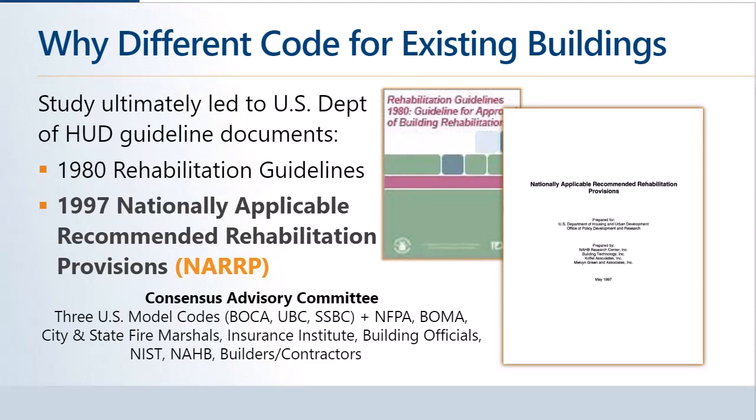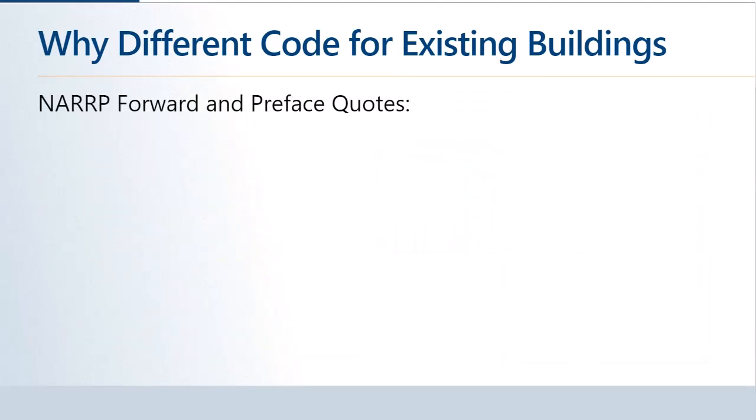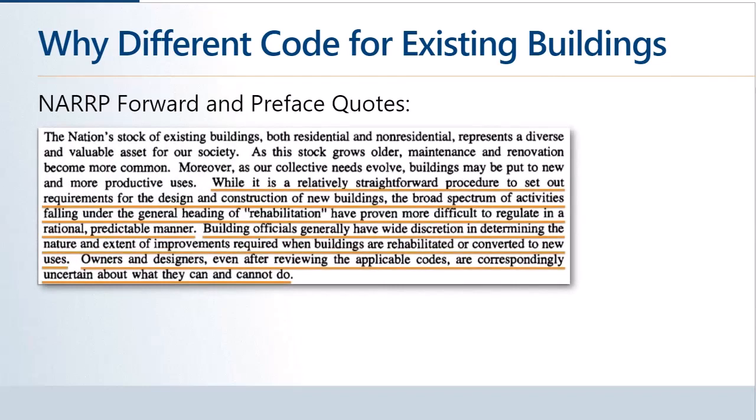And some of those reasons why they felt they needed to do this, again in 1997, are stated right in the NARP itself. They had a couple good statements, and they say, while it is a relatively straightforward procedure to set out requirements for the design and construction of new buildings, the broad spectrum of activities falling under the general heading of rehab have proven more difficult to regulate in a rational, predictable manner.